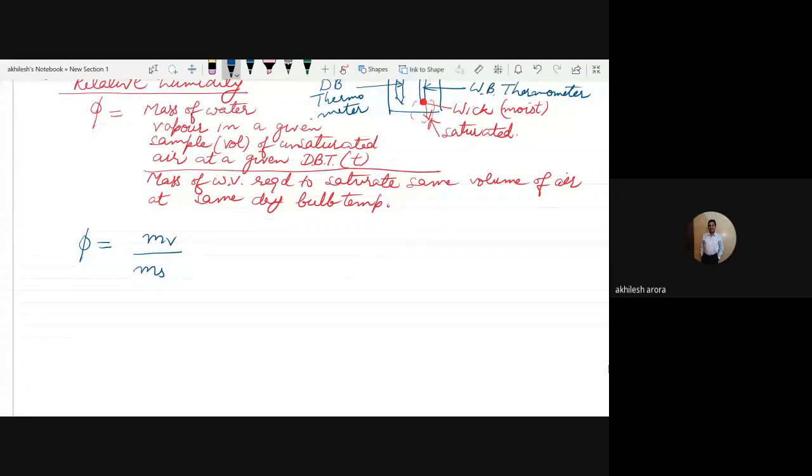particular dry bulb temperature, and ms is the mass at the saturation, because you know that air can exist as saturated air, it can be saturated, and it can also be unsaturated. Now, how to differentiate between the two? Suppose the temperature is 30 degrees Celsius.